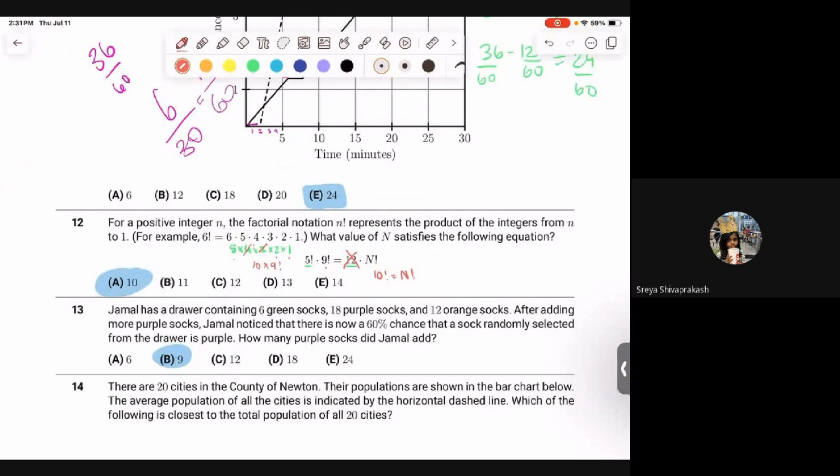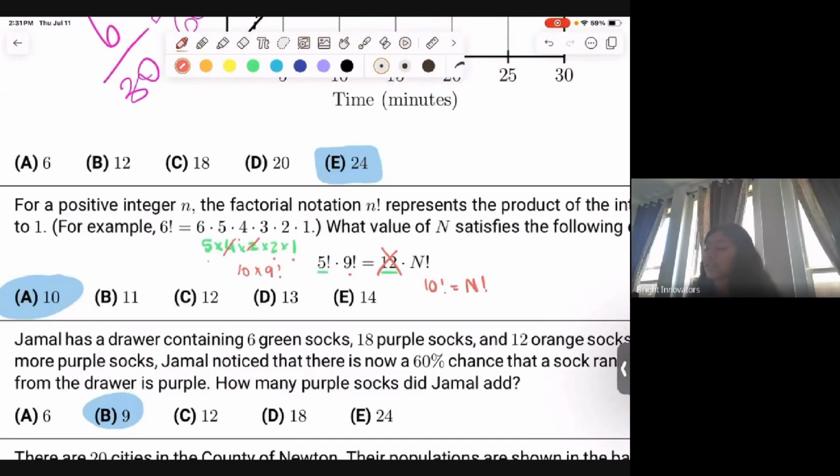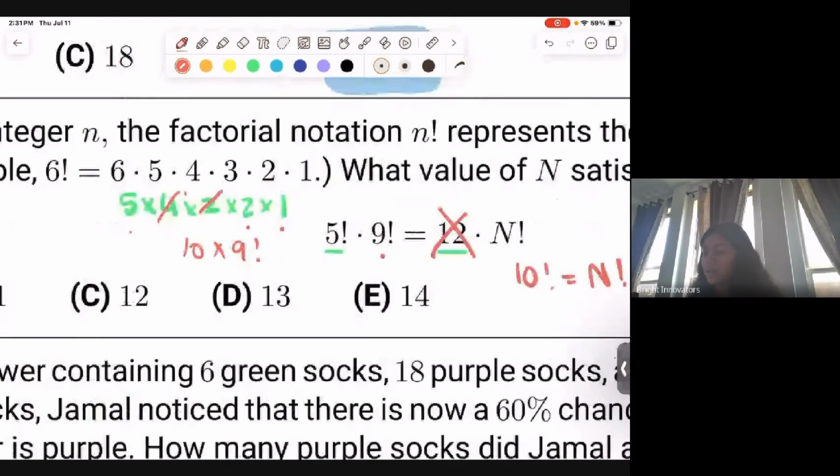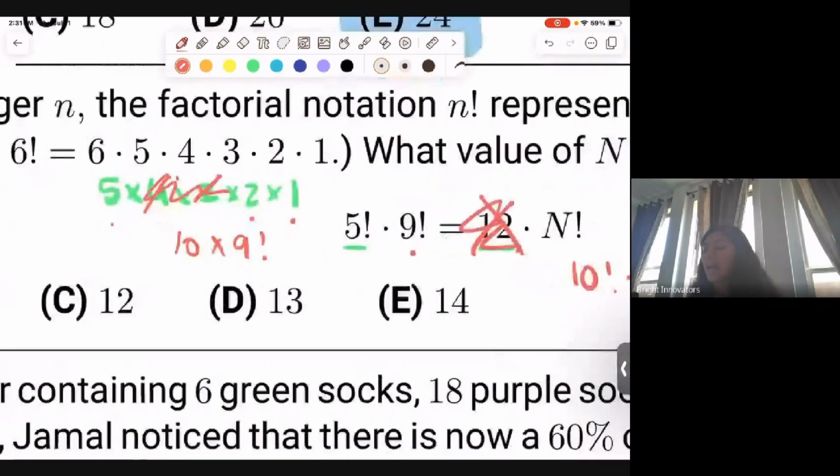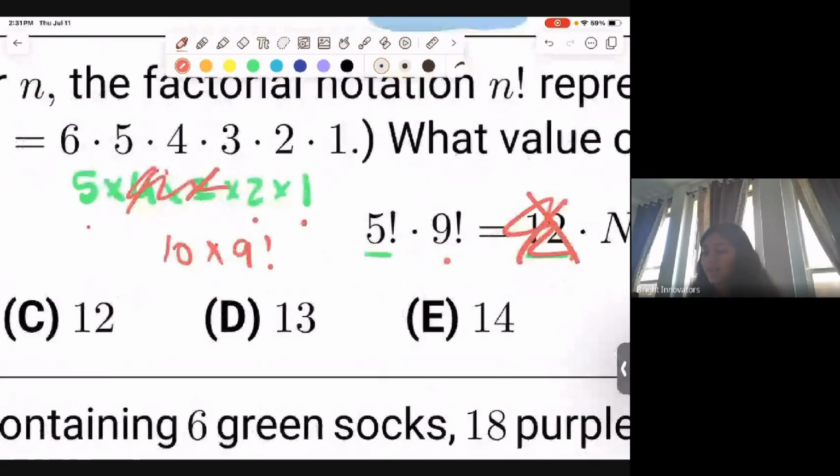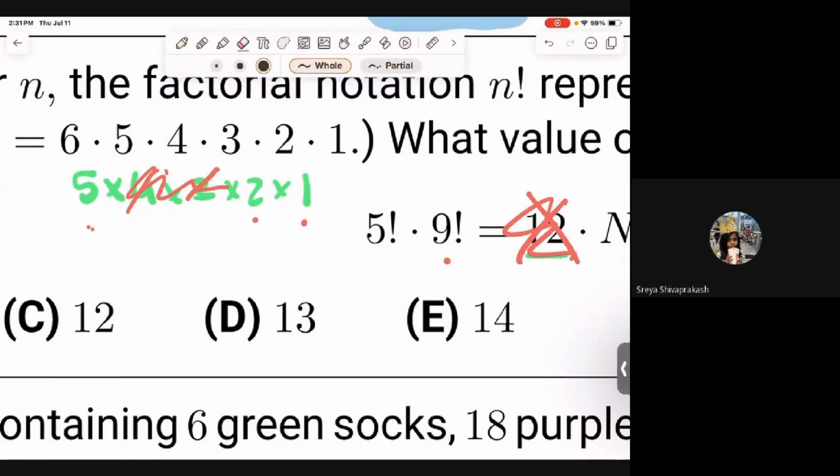Wait, can you explain it one more time, from after you canceled out the 12? Okay, so you cancel out the 12 and the 3 and the 4. And now you just have on the left side 5 times 2 times 1 times 9 factorial, right? Yeah. Okay.